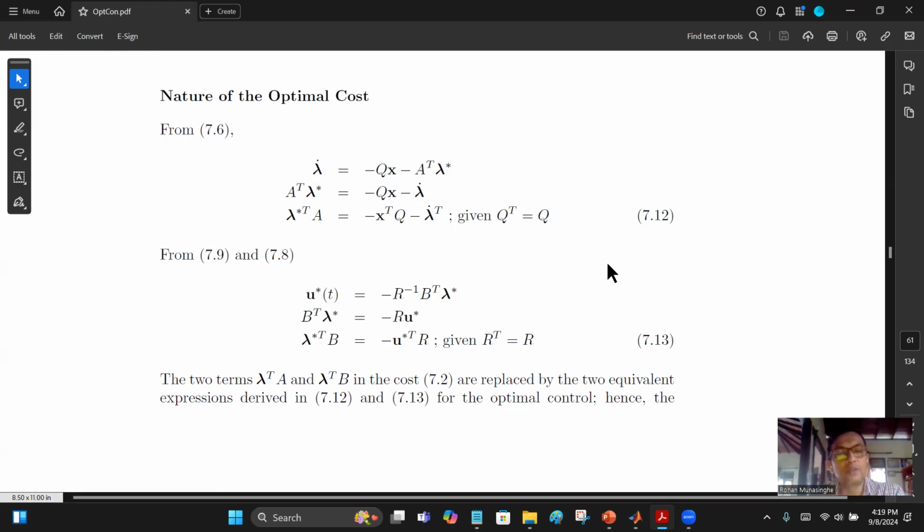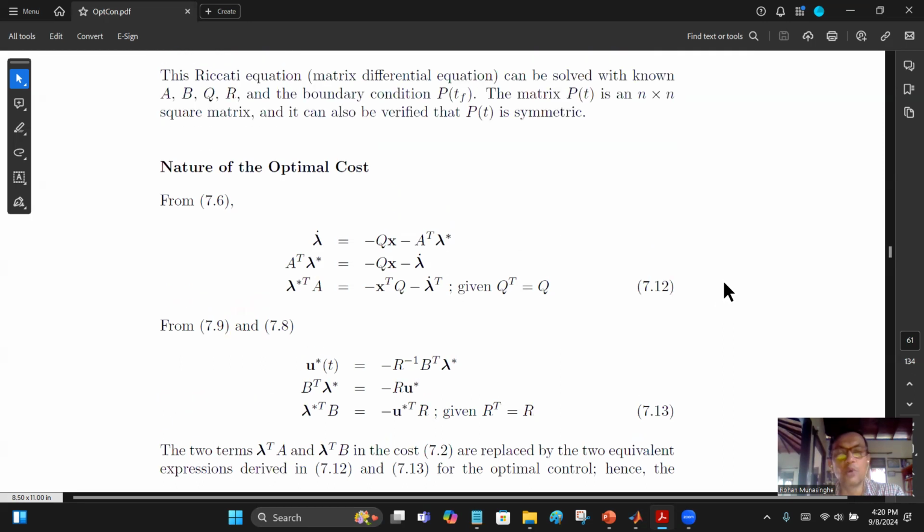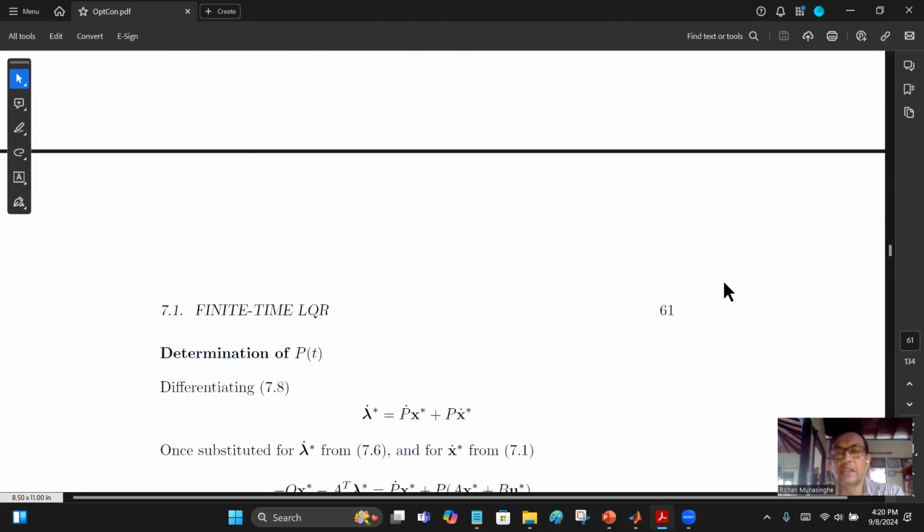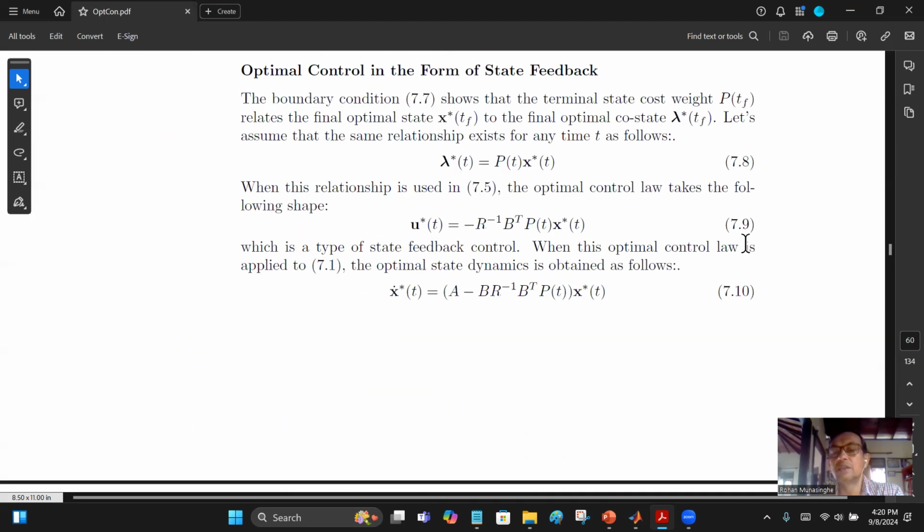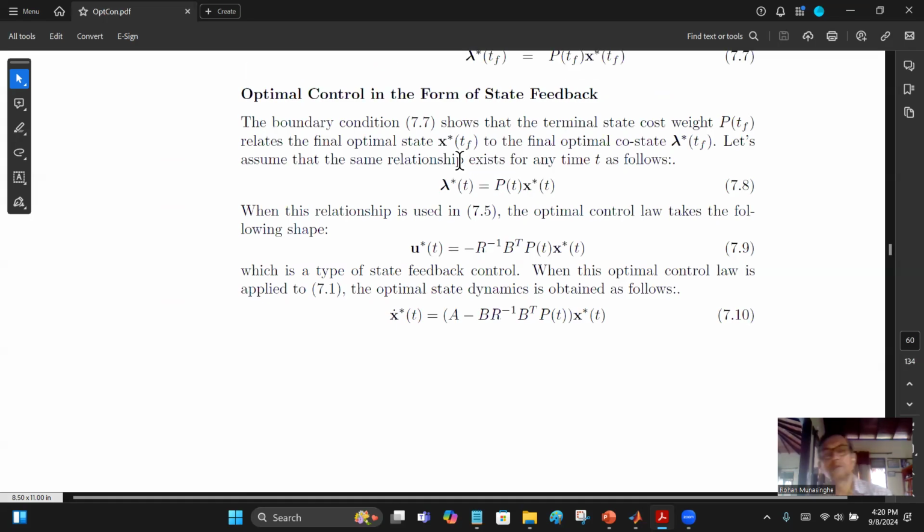And then from 7.9 and 7.8, if you pedal back, these are the two equations, 7.8 lambda star, the optimal co-state, and optimal controls.